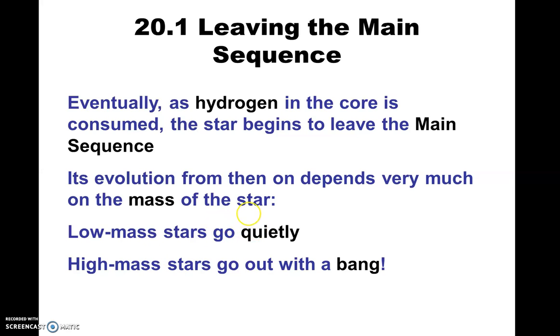They pretty much go relatively quietly. I mean, there's some, but the ones that are more than 12 times the mass of the sun, we'll talk about that at the end of this chapter, they go out with the most spectacular of all explosions, which is called a supernova explosion.